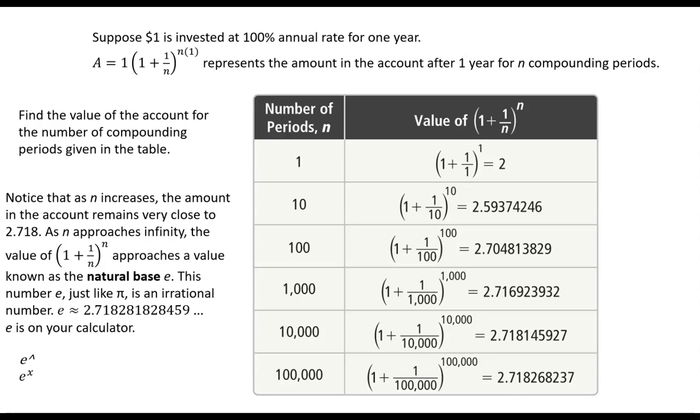So if you want e to the first power, when you push the e to the x button, you'd push a 1 and then enter. If you want e squared, you'd push e to the x button and then a 2 and then enter, and so forth. So find the e button on your calculator, because we're going to need that to calculate some amounts. And you have to use the precise value. So we need e, not just some rounded off value close to 2.718.